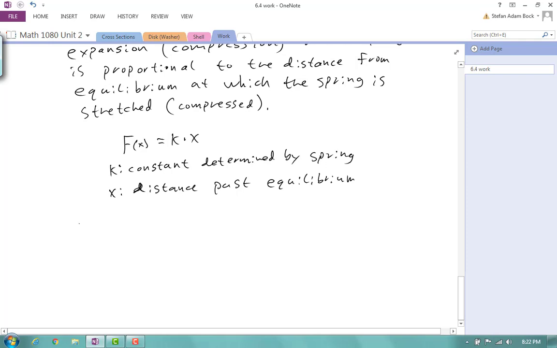So let's suppose I have a spring. I'm not going to try very hard with the spring drawings, but we'll say this distance right here is its equilibrium. That is the resting position of the spring. If I had a spring and I just toss it up and it landed on the table, however it sits is its equilibrium. And if I stretch it, I'm going to have a force required to maintain this position.